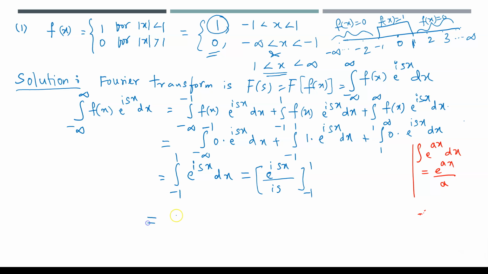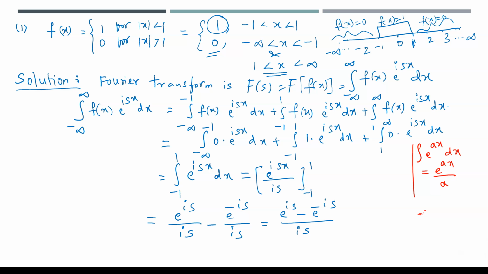Now whenever you apply limits, first we apply the upper limit, so put x equal to 1. So e^{is} minus e^{-is} upon is, which is equal to (e^{is} minus e^{-is}) upon is.